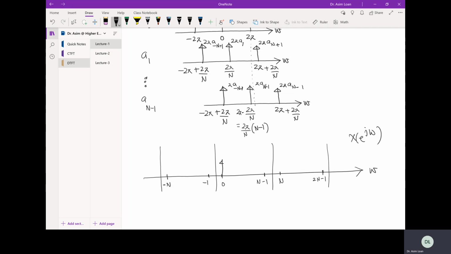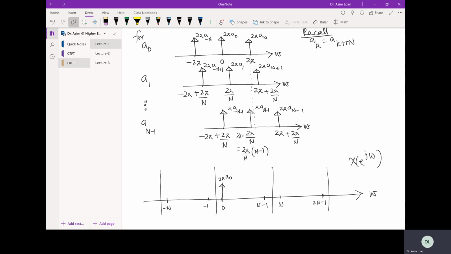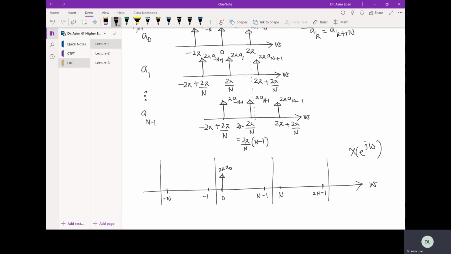So we have 2 pi a0 over here, 2 pi a0 here, and we also have 2 pi a0 over here, 2 pi an, and we also have 2 pi a of minus n. At 1, I have 2 pi a1.